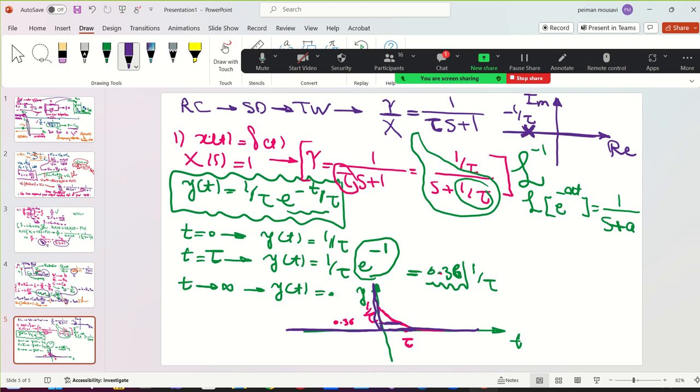36 plus 63 is 100 at t equal to tau, okay? Oh, this is so badly plotted. I'm sorry. Here we go. This is your tau, and this is your input, impulse.